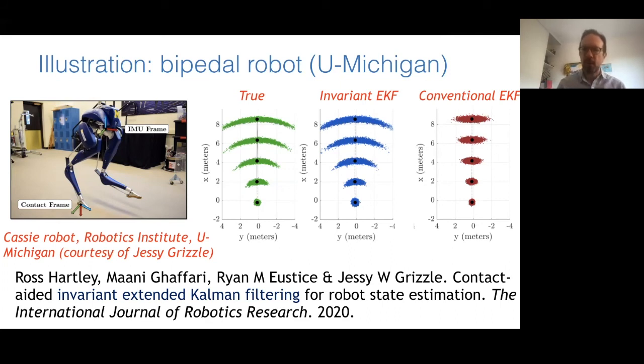Whereas if you use conventional EKF that's based on ellipsoids, which is based on the Gaussian assumption in the original coordinates and not in the log coordinates, you get something which is very different from the actual dispersion of the state space.